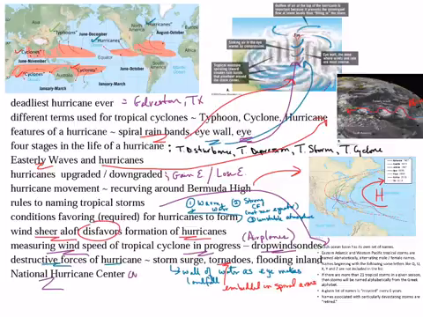And then the last one, who here in North America is tracking hurricanes, coordinating the efforts, and getting out the watches and the warnings? That would be the National Hurricane Center in Florida.